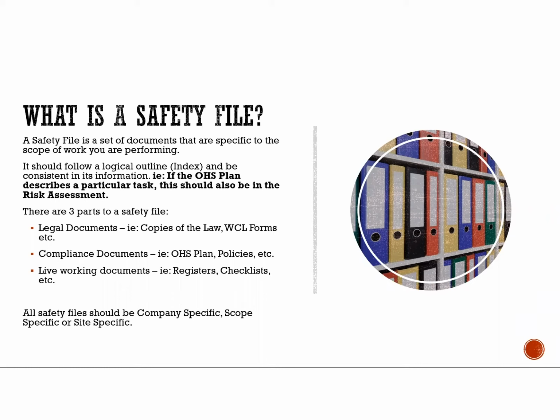Let's say, for instance, inside your health and safety plan, you are stating that you're going to install a hydroboil at heights. Well, then the risk assessment should include not just the installation of a hydroboil, it should also include the methodology of how you are going to go about doing that. And this would include the risks on the tools, the task, as well as the environment that you are in.